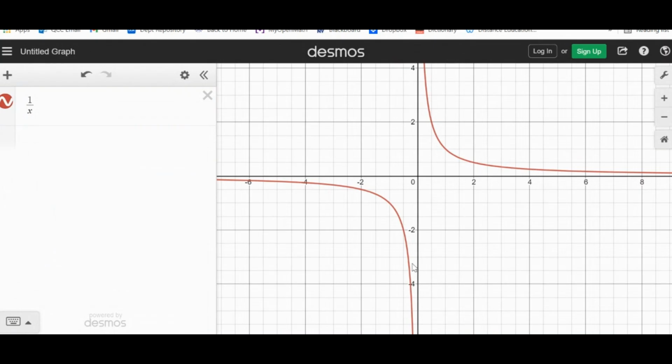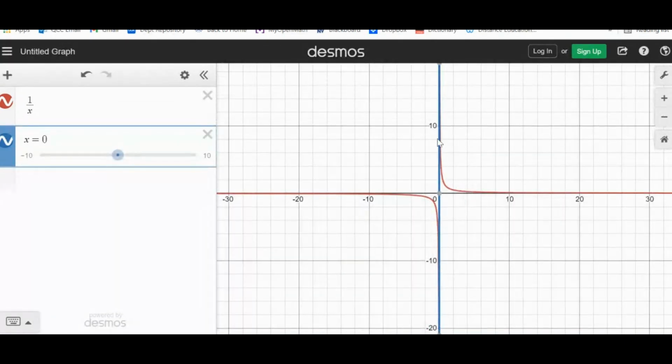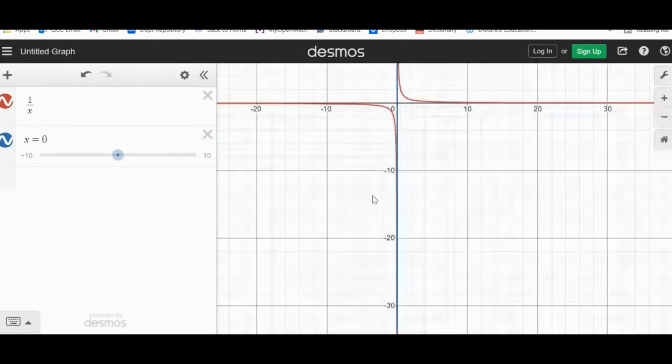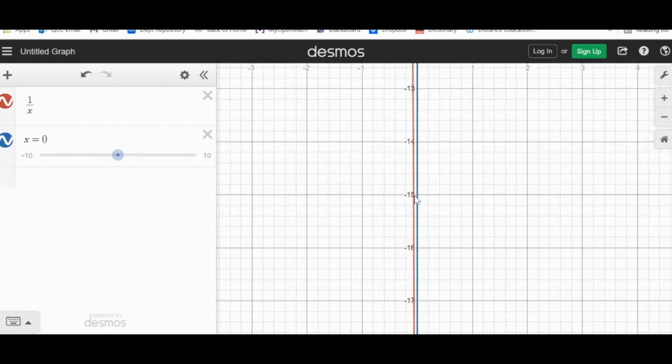So we say that this graph has a vertical asymptote at x equals 0. You see the blue line? This is the x equals 0 line, and this is a vertical asymptote for this function. When you plug in x equals negative 0.067, the y value is negative 15. It keeps decreasing: negative 16 and so on.